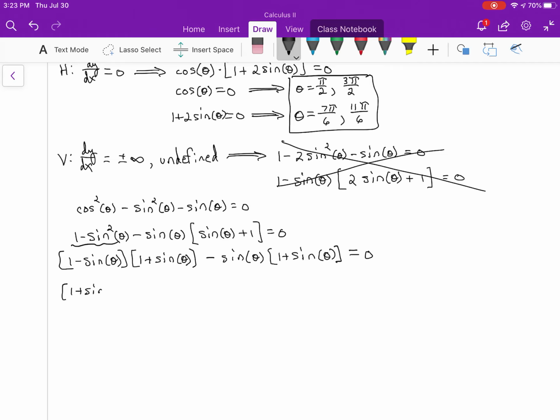I'm going to pull out a 1 plus sine theta. And that is going to leave me with a 1 minus sine theta on the left and a minus sine theta from the right term, which means that our product is 1 plus sine theta times 1 minus 2 sine theta.